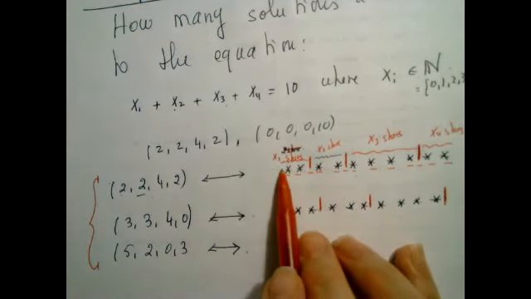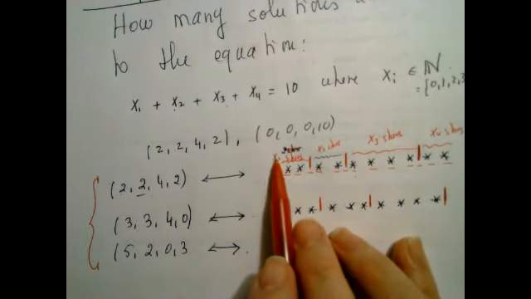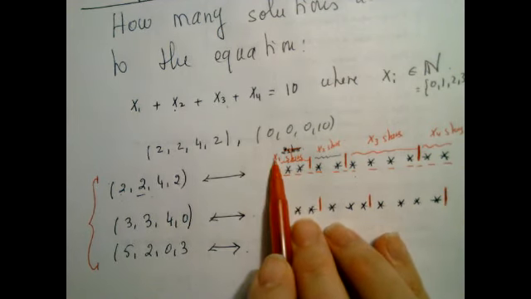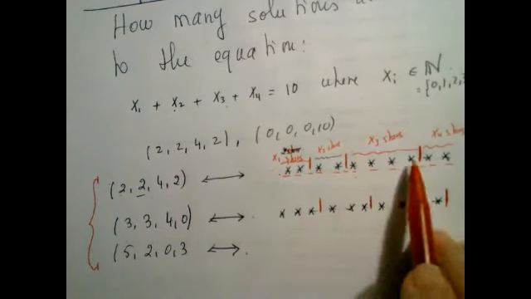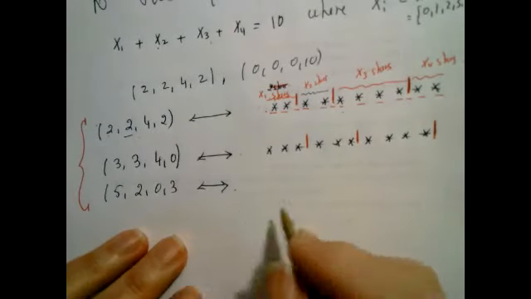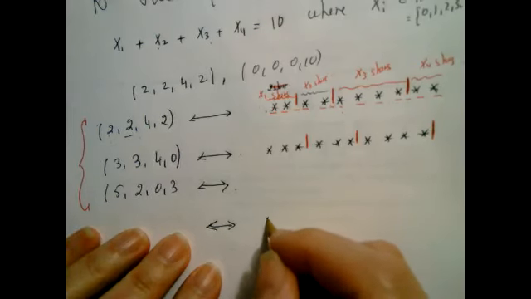So the first category is the value of x1. I put as many stars as the value of x1. The second category, as many stars as the value of x2, and so on and so forth. So now every time I give you any string, you should tell me the solution. The idea is that we have to make a total correspondence. So I give you a string.